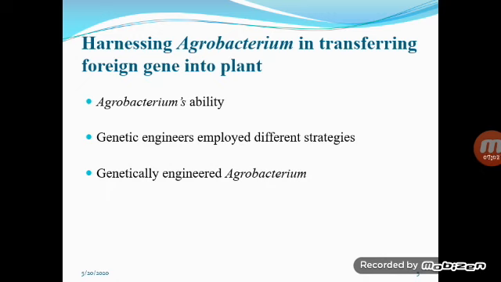Agrobacterium's ability to introduce its DNA into the plant genome with efficiency makes Ti plasmid an attractive vector for gene transfer into plants.